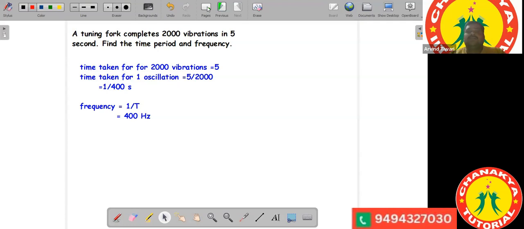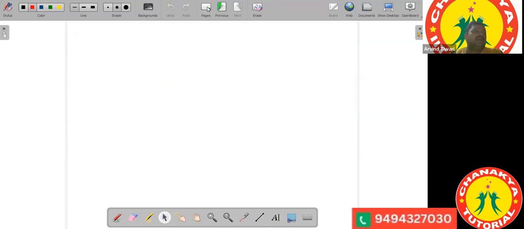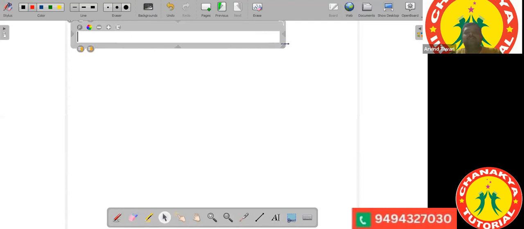The next thing we do about the wave. What is a wave then? And how we represent the wave. So as discussed in the last class, wave is a disturbance in a medium. So how we define wave?